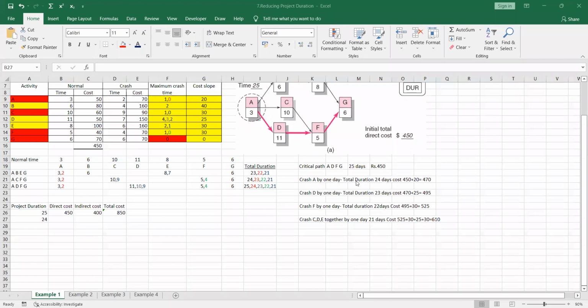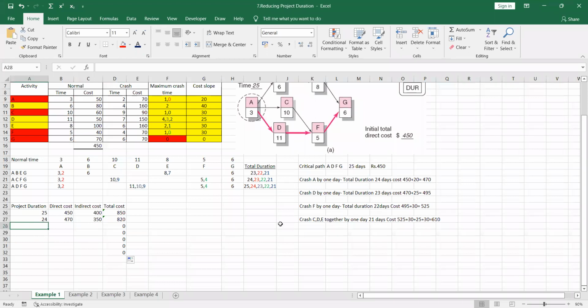For the total duration of 24, the direct cost is 470. For that 470, you have to assume this indirect cost, and take the summation here: 820.